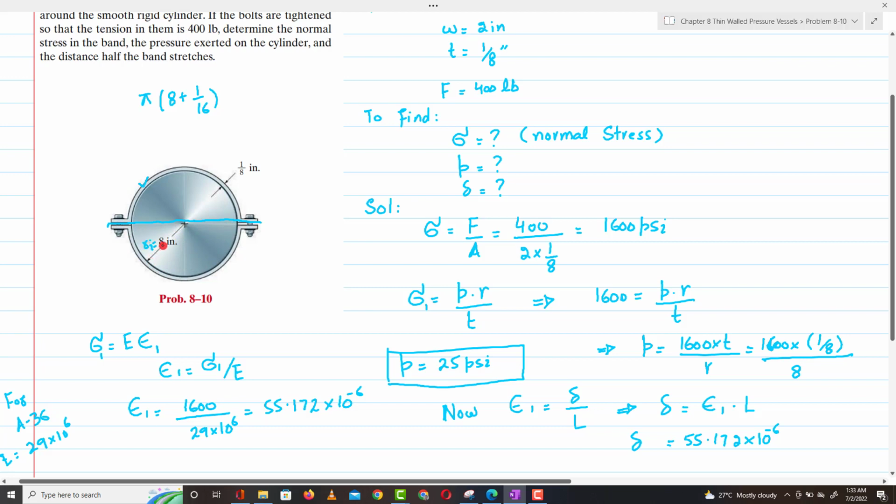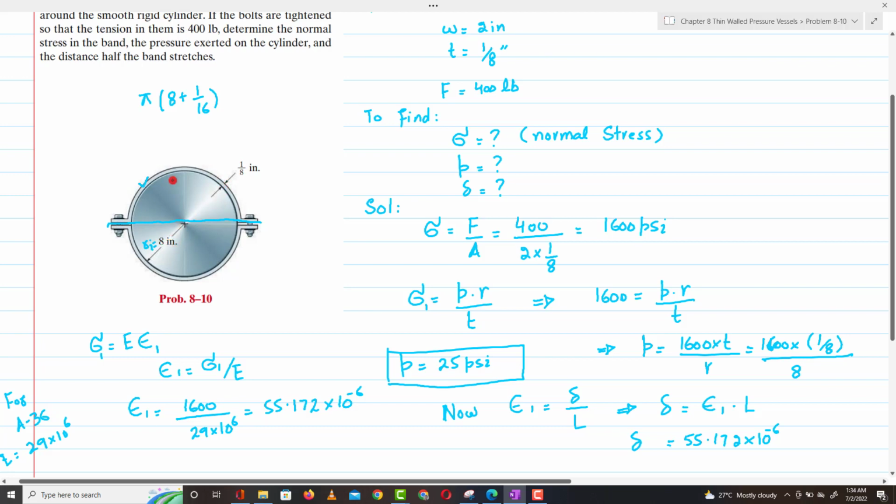So 8 plus this thickness, so total is pi into r, but this r should be the outer radius, so 8 plus 1 by 8. The thickness is 1 by 8.